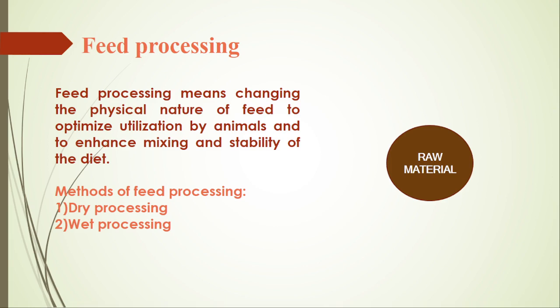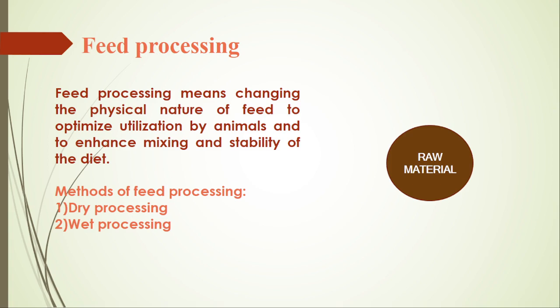In other words, we can say that feed processing is the altering of physical and sometimes chemical nature of feed commodities to optimize utilization by animals or poultry fowls and to enhance the mixing and the stability of the diet.